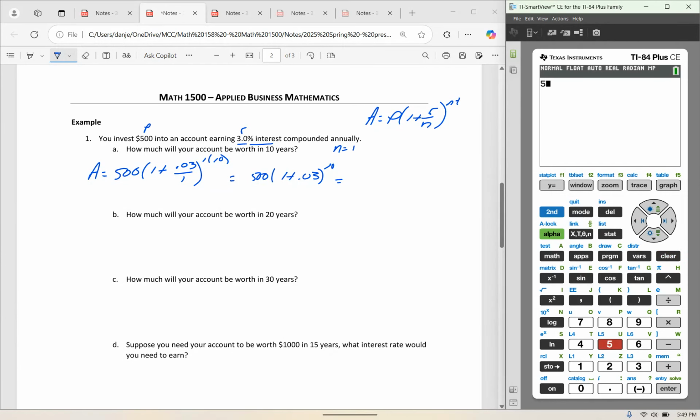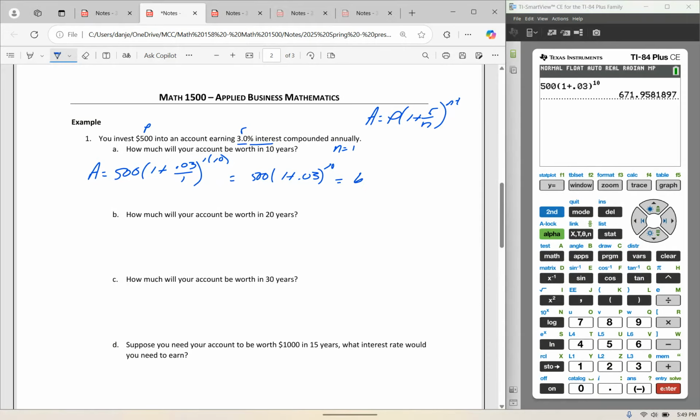I'm going to use the calculator. 500 times 1 plus 0.03 to the 10th power. And at the end of my 10 years, I have $671.96.